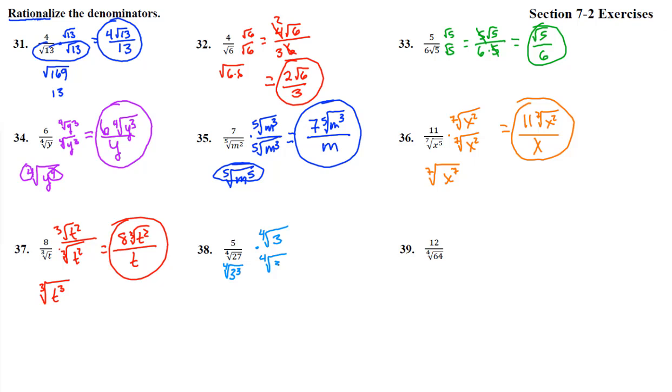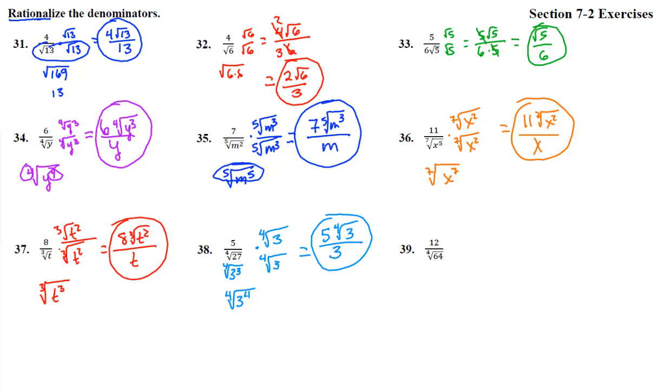And that will make, in slow motion, when we multiply these together, we get the 4th root of 3 to the 4th power. So that's the secret on this one, is that you recognize this is a perfect cube already. You're like, oh yeah, I already have 3 3's. I just need one more to make it a perfect 4th. 5 times the 4th root of 3 over 3, just like that.